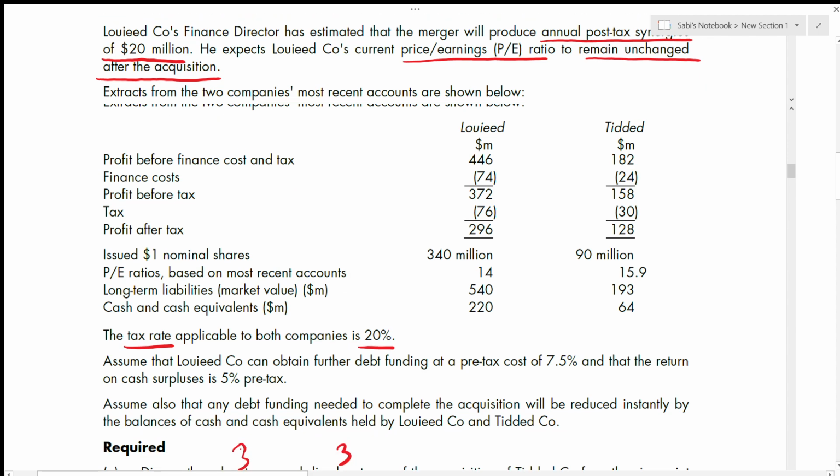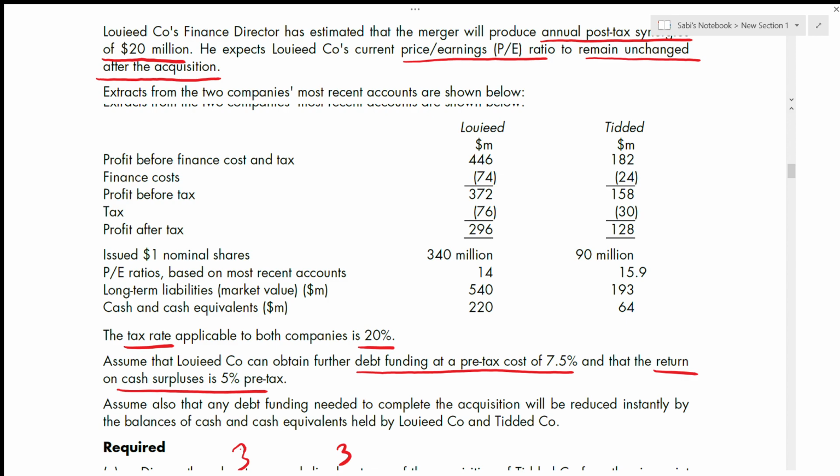Assume that L can obtain further debt funding at a pre-tax cost of 7.5% and that the return on cash surplus is 5% pre-tax. It is pre-tax, mind you, you have to adjust it for tax, right? And why is this cost of debt given to you?